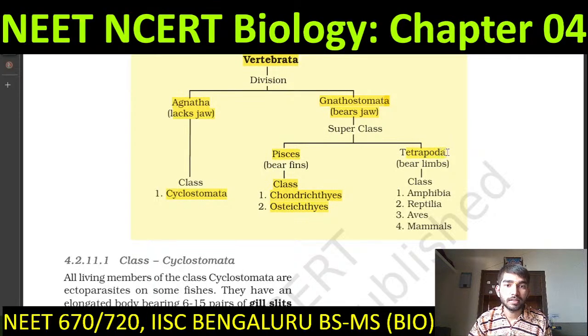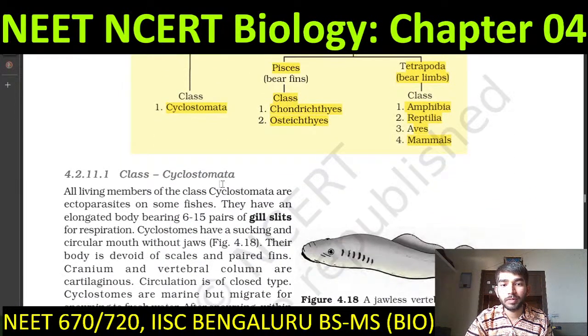And then there is the other superclass Tetrapoda, which has Amphibia, Reptilia, Aves, and Mammalia. So these are the Gnathostomata. But in Agnatha, there is only one class that we are going to study, which is Cyclostomata.